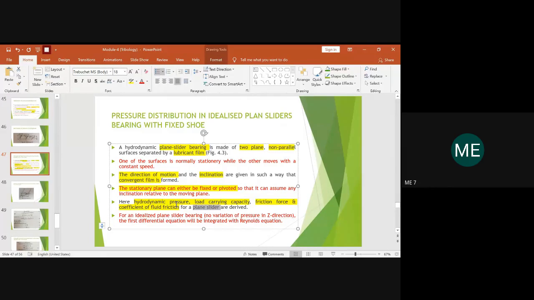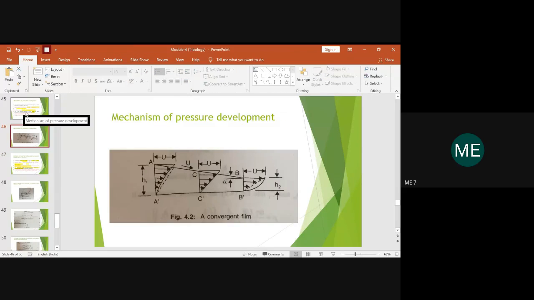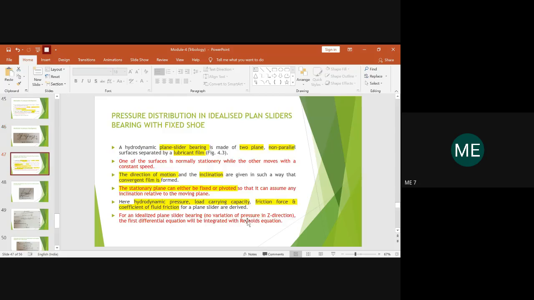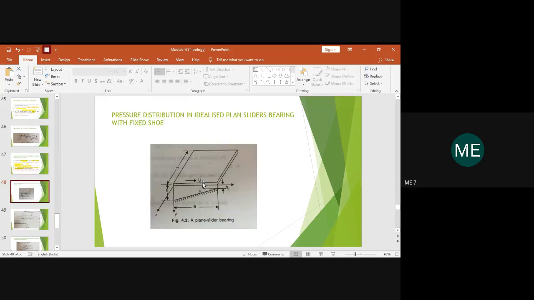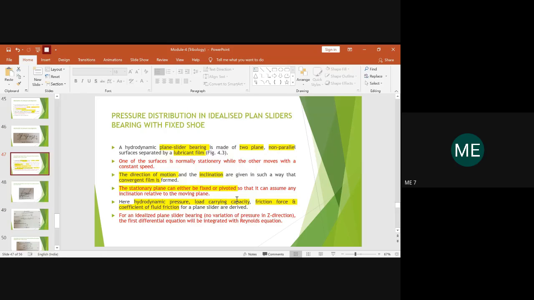These three parameters have to be derived by using the concept of pressure distribution that we studied. This is nothing but the mechanism of pressure distribution which comes across the given hydraulic oil film. It could be parallel or it could be converged. In both cases, we can try to extract the derivation part.